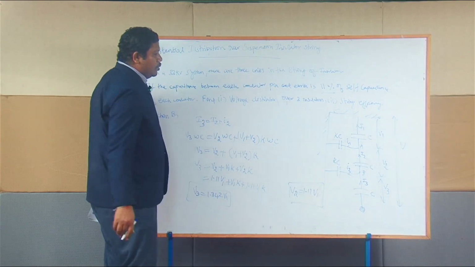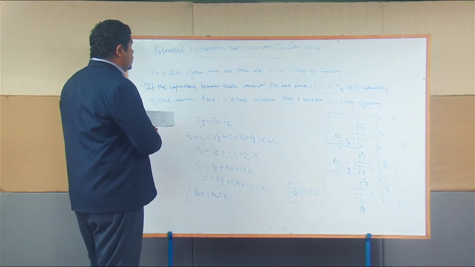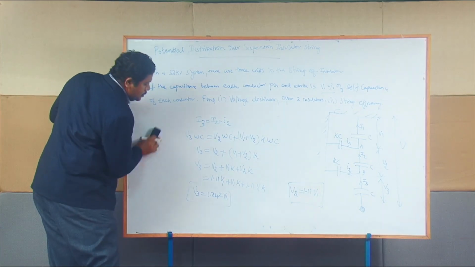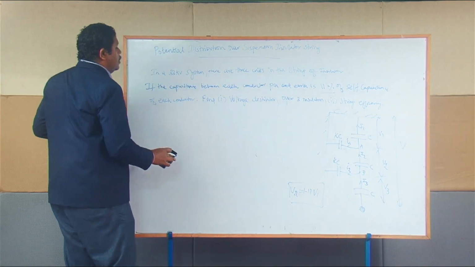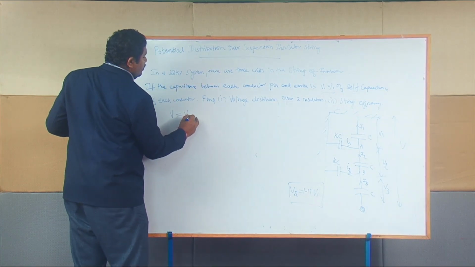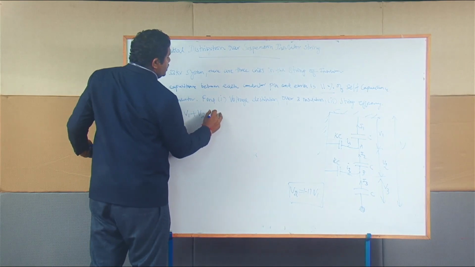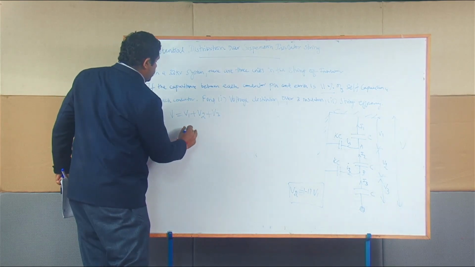V2 we already found out. Now what is the total voltage across the string? So its total voltage is equal to V1 plus V2 plus V3. V1 is already known.